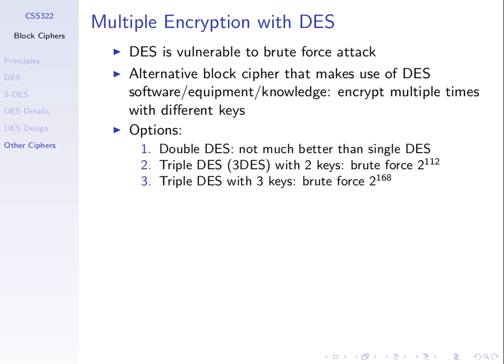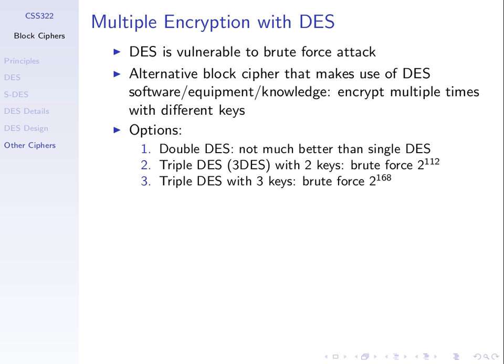Use 3 different keys, so the key length has gone up to what? 168 bits. 3 times 56. And even with the attack that we will see that's possible against double DES, this one's considered secure. So nowadays triple DES is used.